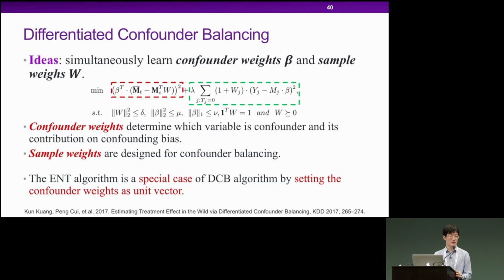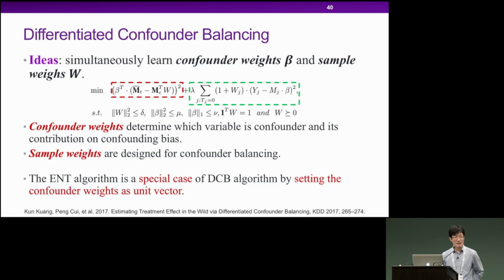Of course, we impose the confounder weights here, and we also ask that the confounder weights can be used to approximate or predict the y value. So we can regress y on the augmented variables, and the derived coefficients can be used as the confounder weights here.